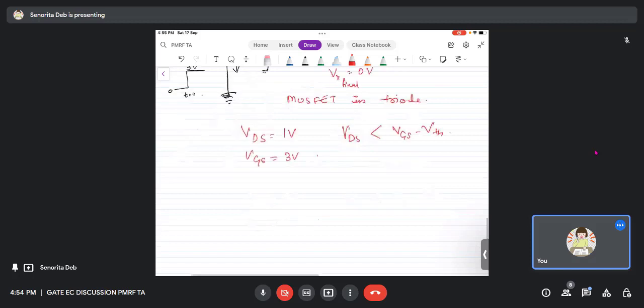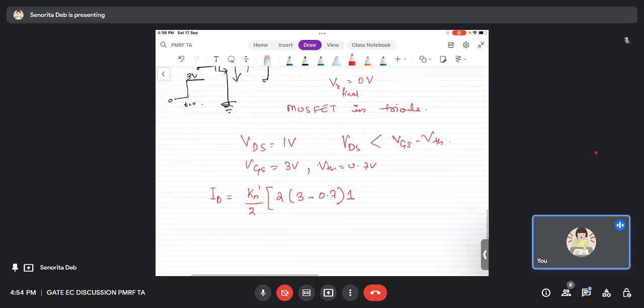Otherwise we use the triode formula, which is ID equals Kn' by 2 times 2 times (VGS minus VTH), so 3 minus 0.7, VTH is 0.7 volts, into VDS which is 1, minus VDS squared, 1 squared. This is what it should be, right?